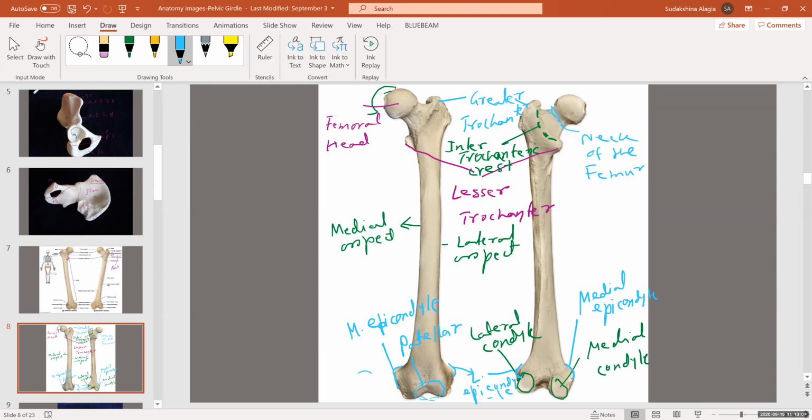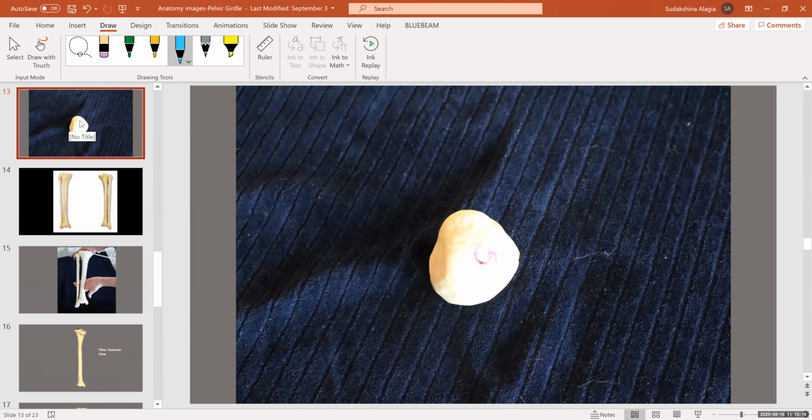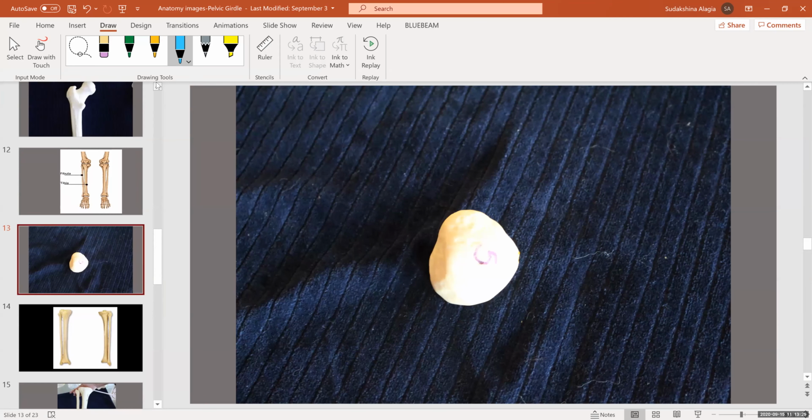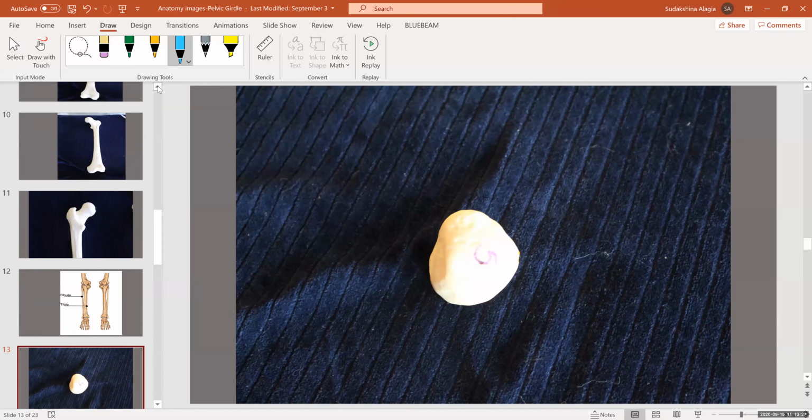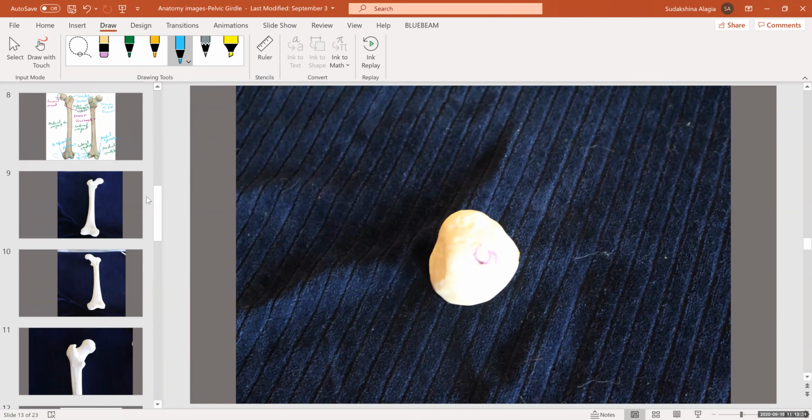It's a triangular bone. I have a picture at the end. Actually, no, I have it right here. Basically, that's the patella. Triangular. Patellar surface.